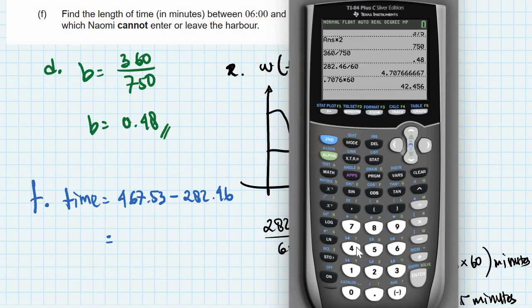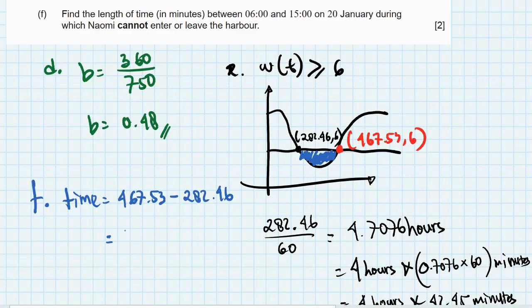We have 467.53 minus 282.46. Enter. We have 185.07, or approximately 185 minutes.